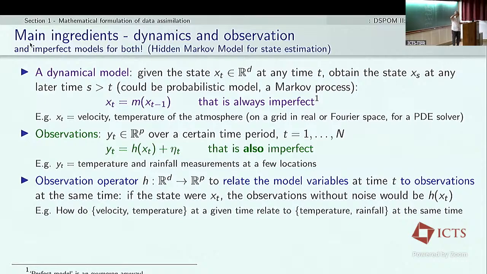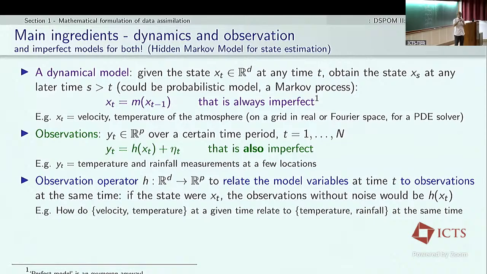The h is the function that takes the state of the system to the observations. For example, when I said partial observation, this could be simply a projection operator, so it projects onto the coordinates that we observe. But it could be something much more complicated, like rainfall.